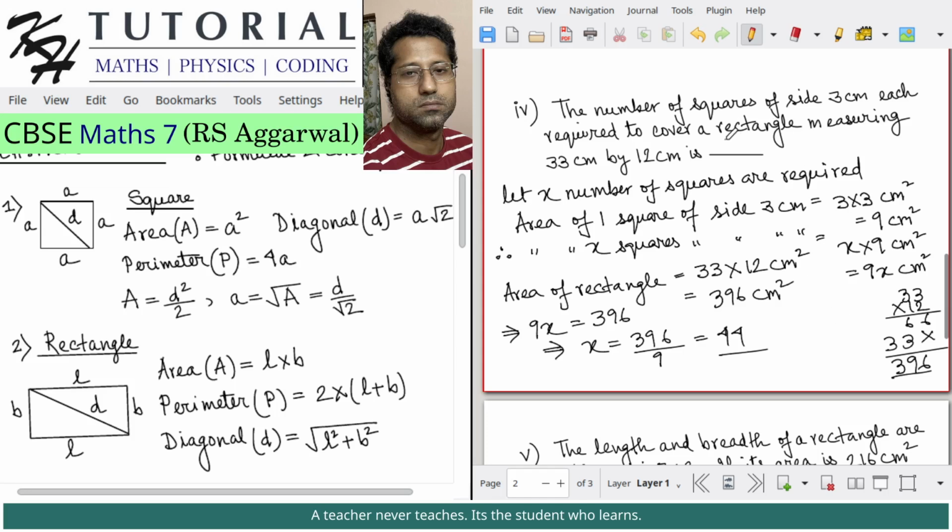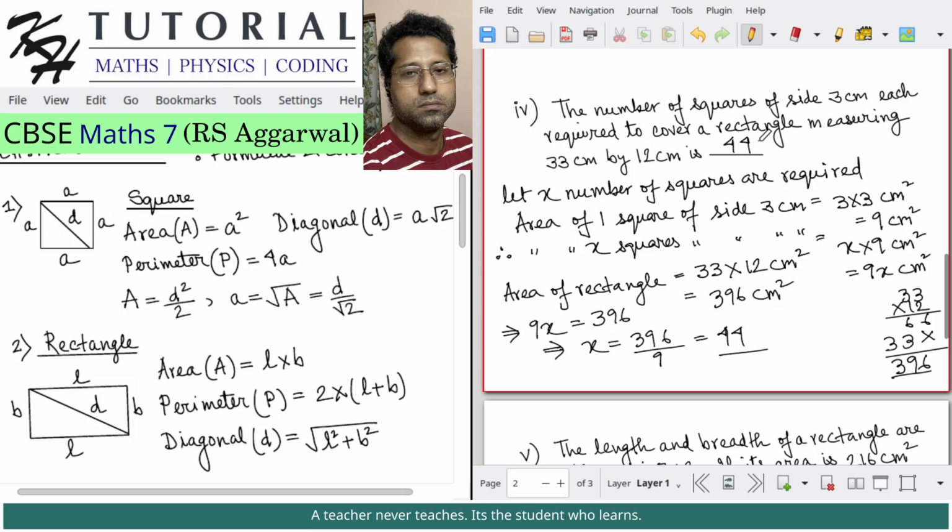So 44 number of squares of side 3 centimeter will be required to cover the rectangle measuring 33 centimeter by 12 centimeter. Let me quickly check the answer. Okay, 44 is the correct answer.